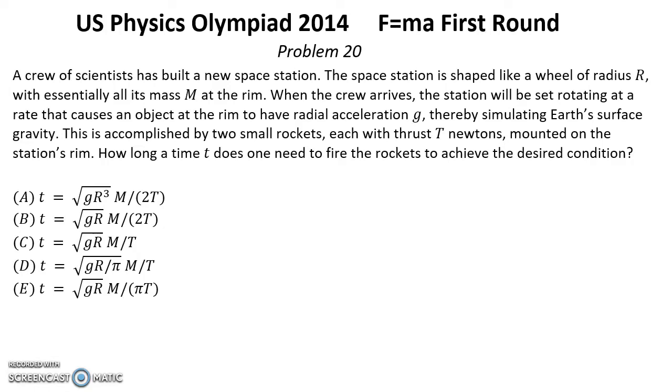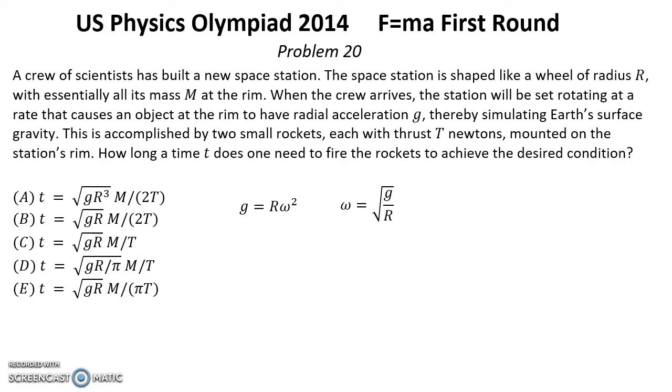Solution. First, let's write the equation for the needed acceleration of gravity. So finally we need to provide omega according to this equation. That will be omega equals square root of g over r.